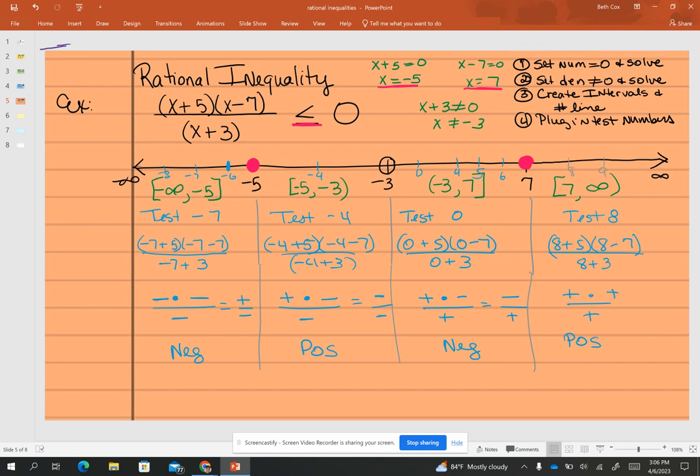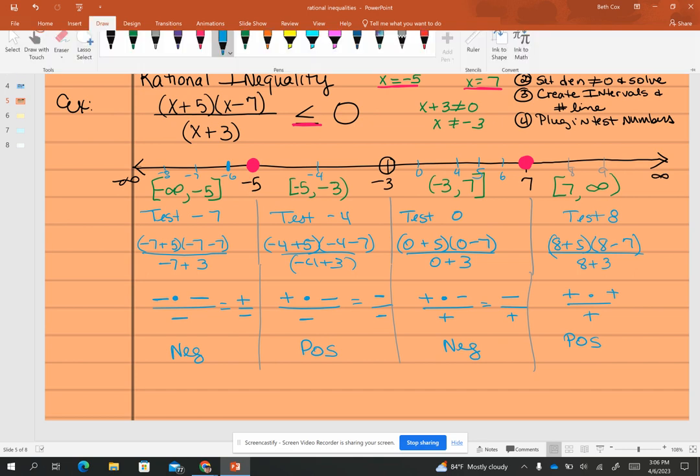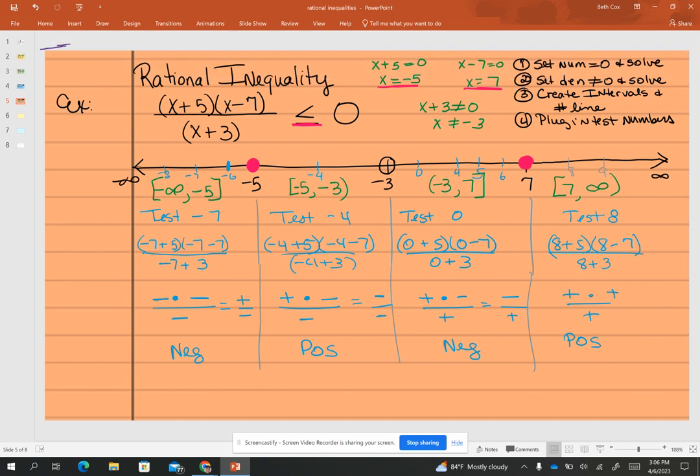Now I need to know what my answer is. What in the world is my answer? Again, what was my question? All right, we want to know all the x's that produce less than 0 or equal to 0. Less than 0 or equal to 0. That's what that says. Less than 0 is negative. So I go down here.